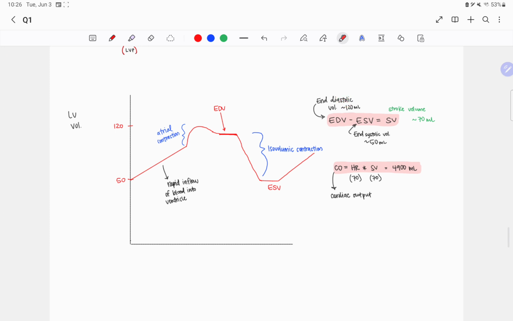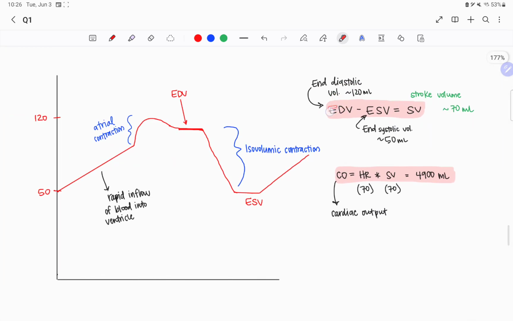So then what's important to remember is that EDV minus ESV equals SV. SV is the stroke volume, and that should be about 70 milliliters. Okay, and then cardiac output is the heart rate times the stroke volume.